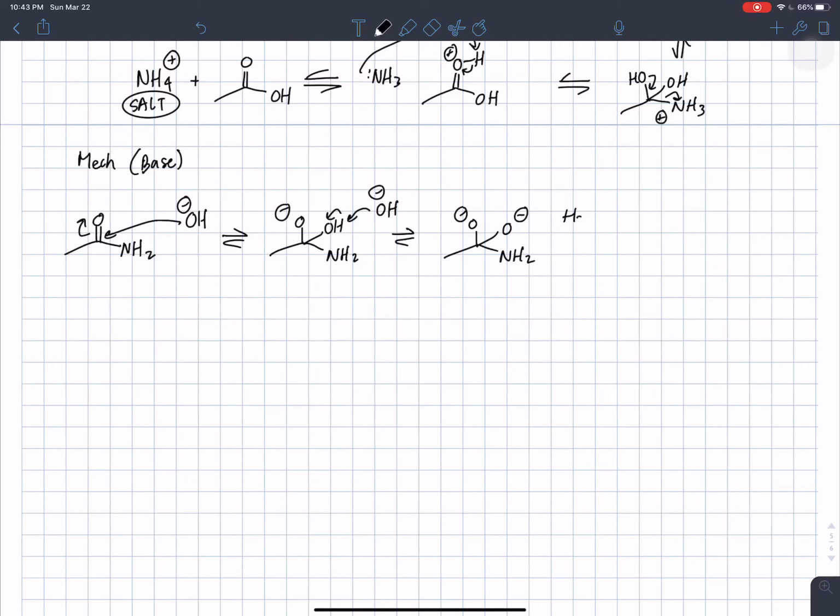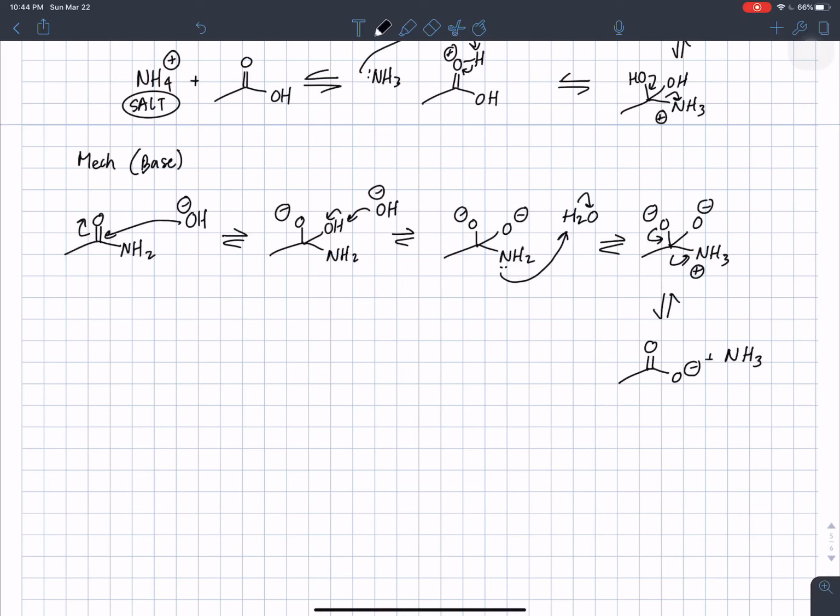With water, this water is going to be used to protonate your nitrogen. So nitrogen's going to get protonated like that into an NH3 with a plus, and now you can get rid of it. So this can go here and this can leave, to form O minus and NH3.